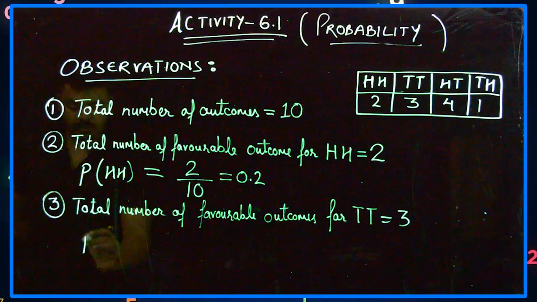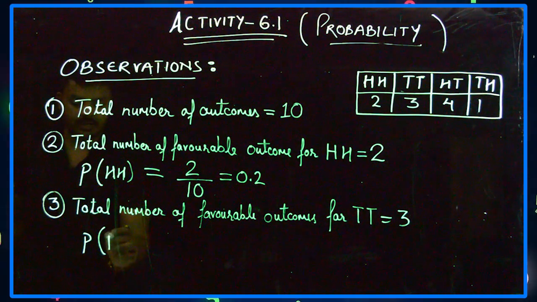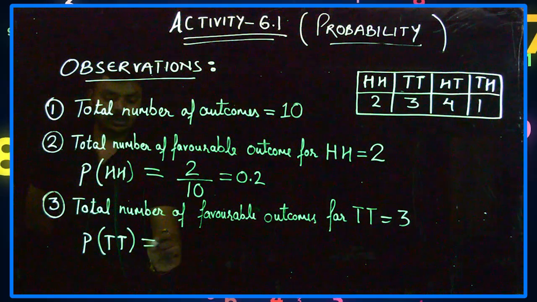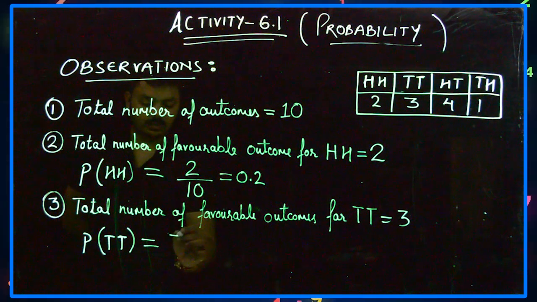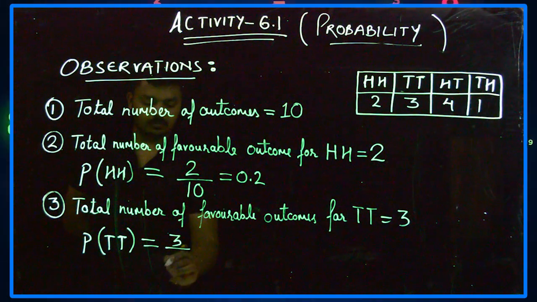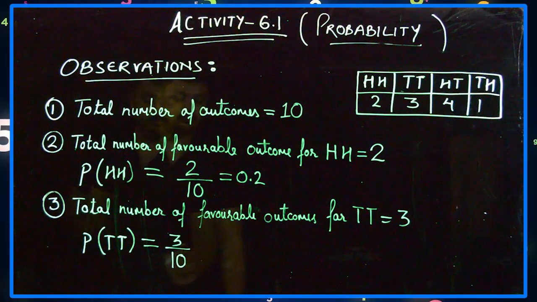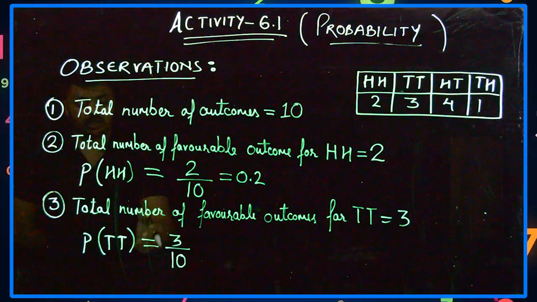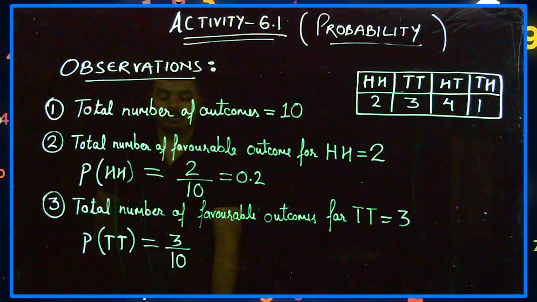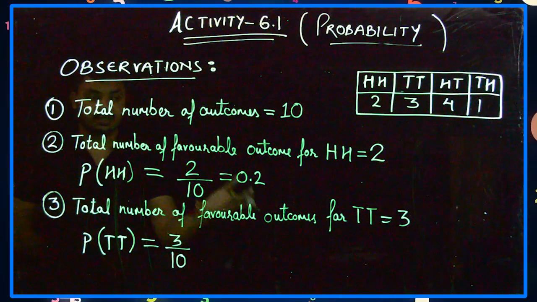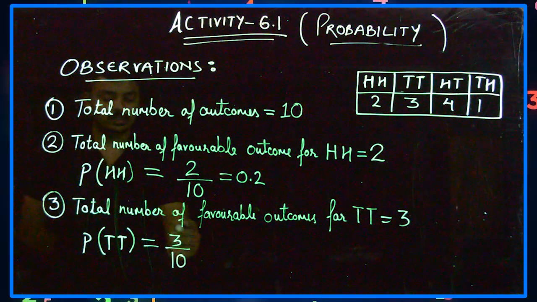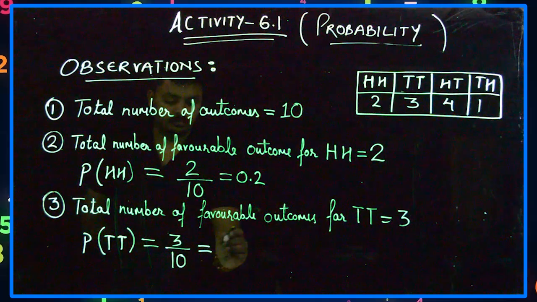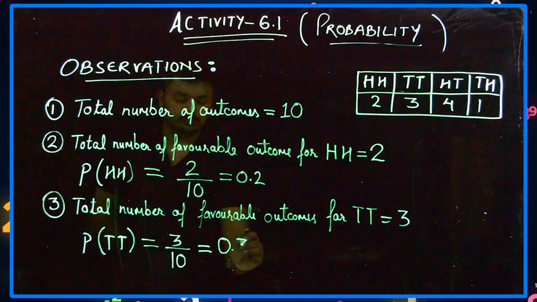So the probability of the event of getting tail on both the coins is equal to 3 by 10, or we can say probability of getting tail on the card that has tail on both the sides, that is on the green side and the pink side, is 3 by 10, that is 0.3.